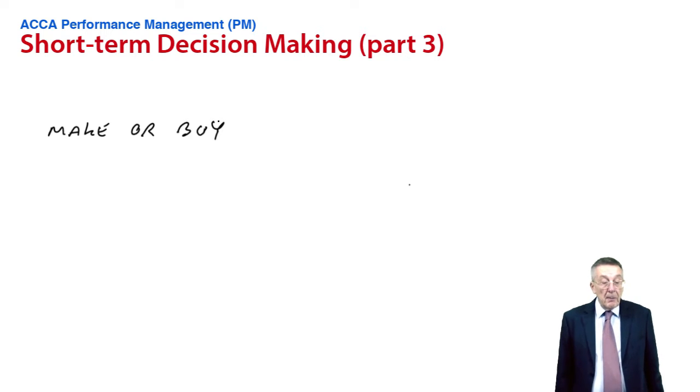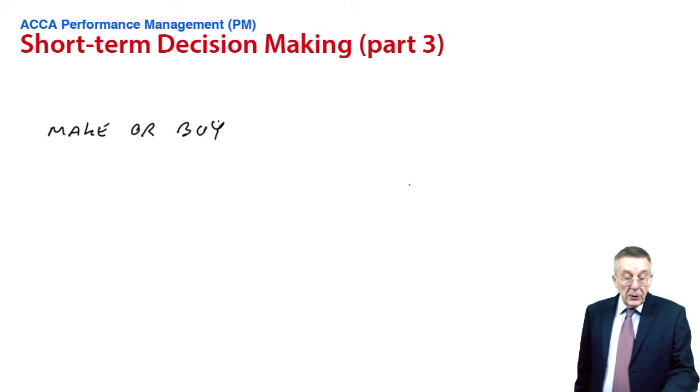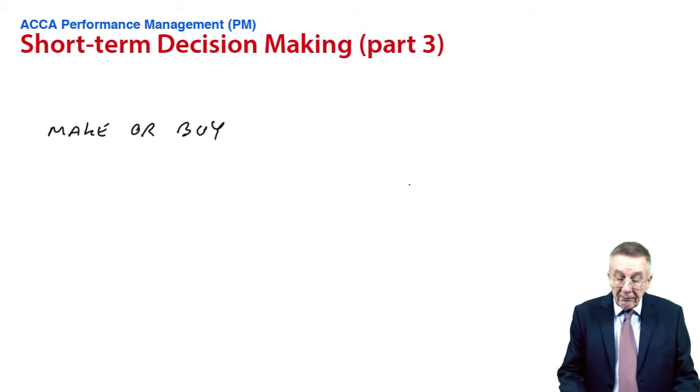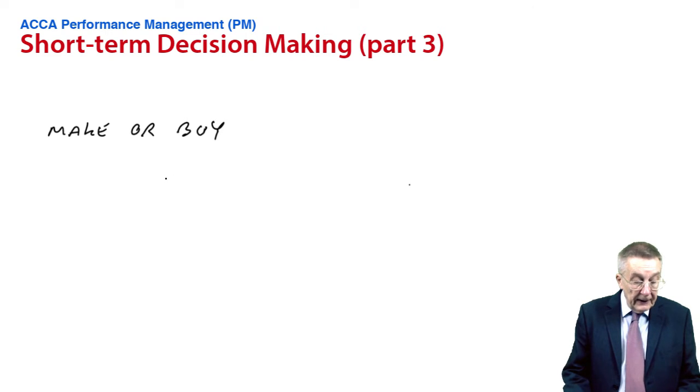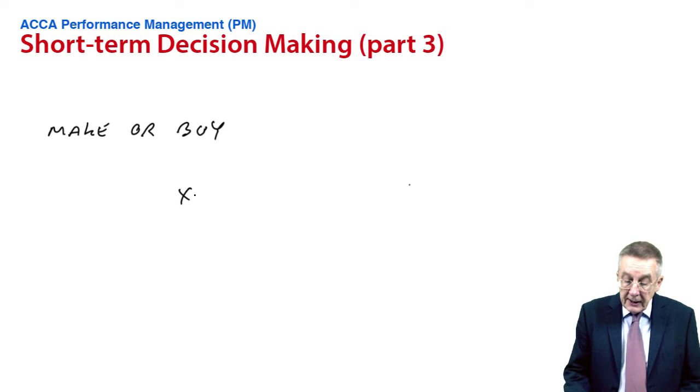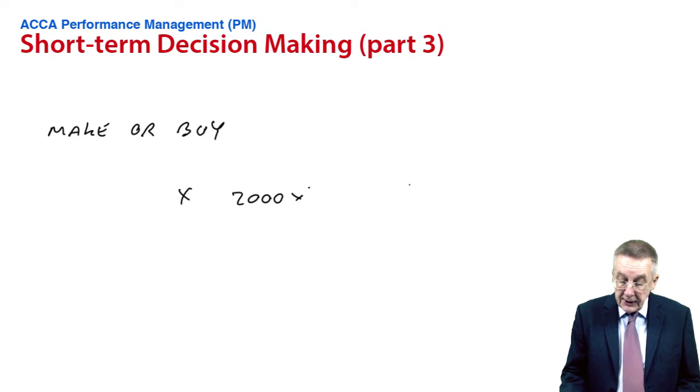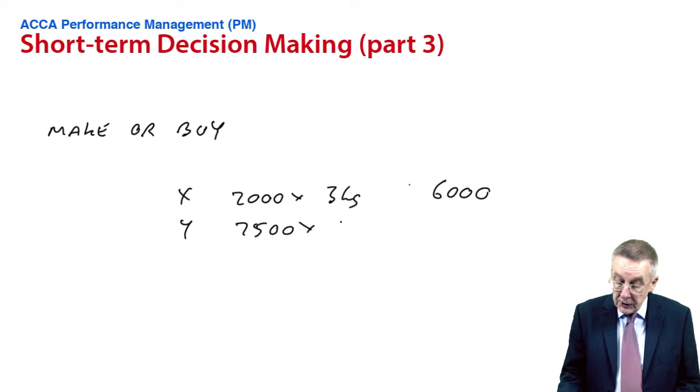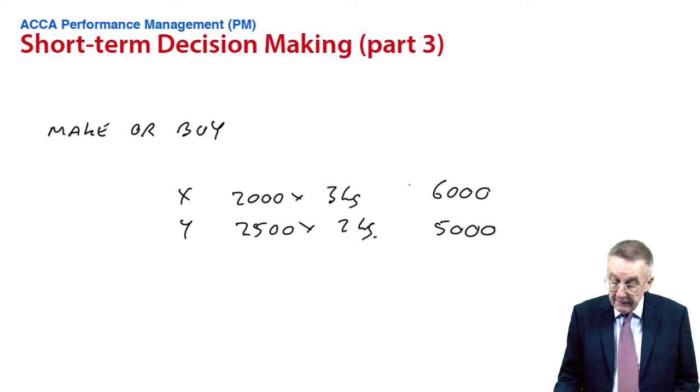You see the demand, 2,000, 2.5 and 4. If we were going to make ourselves, then below it gives us how many kilos of the material are required. So X, 2,000 units at 3 kilos each would need 6,000 kilos. Y, 2,500 units at 2 kilos each would need another 5,000 kilos.